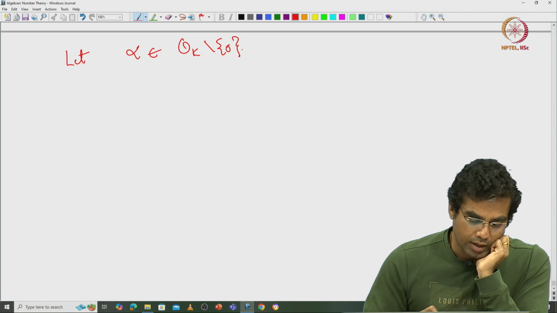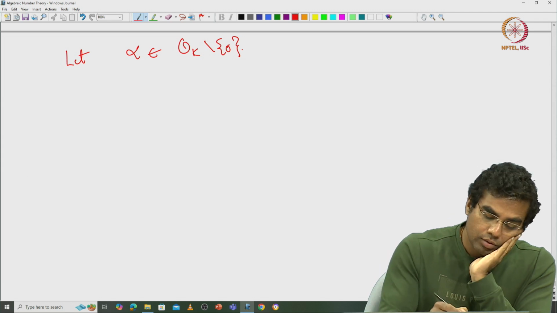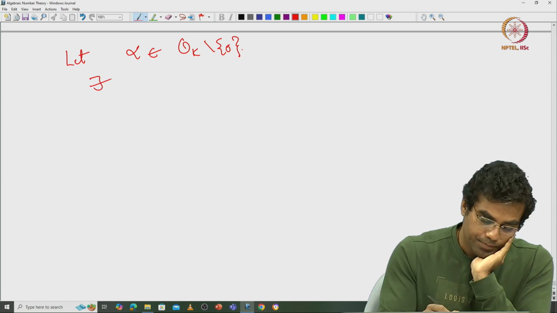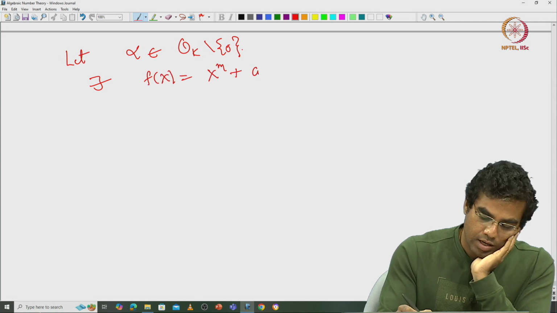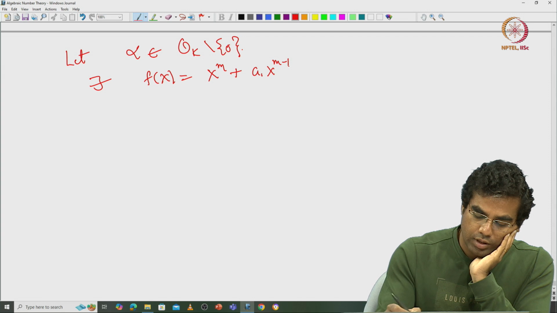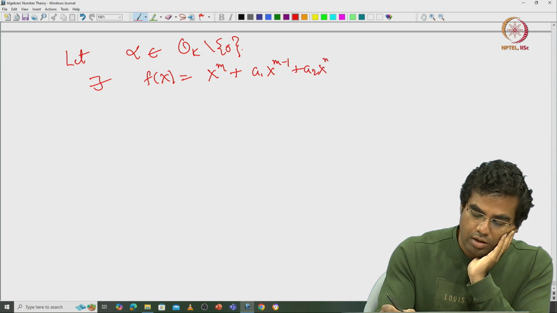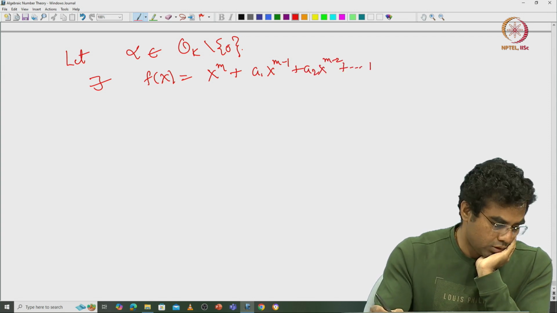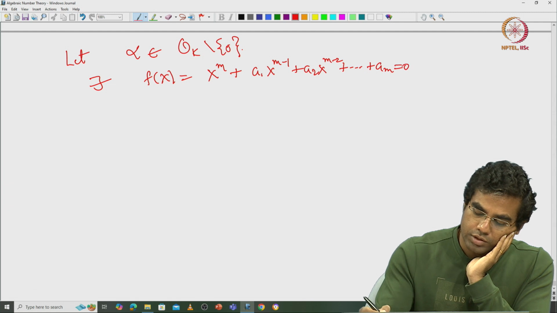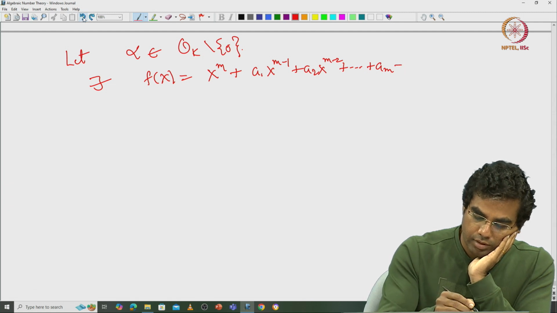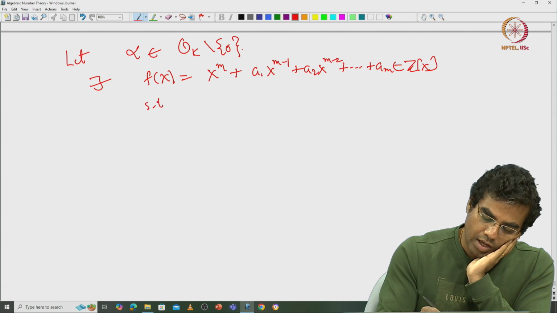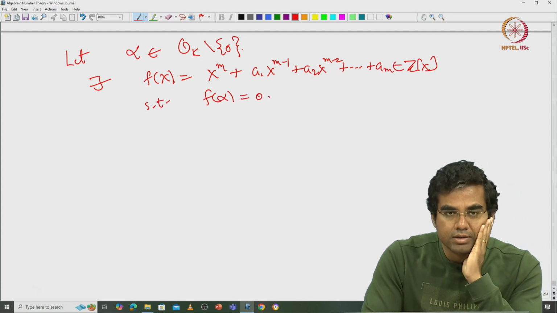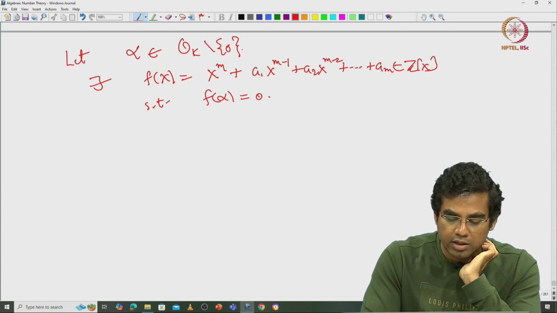So, we can use that and that is what we are going to do. So, there exists f of x which is x to the m plus a1 x to the m minus 1 plus a2 x to the m minus 2 and so on up to am in Z[x] such that f of alpha is equal to 0. That is the definition of being an algebraic integer.